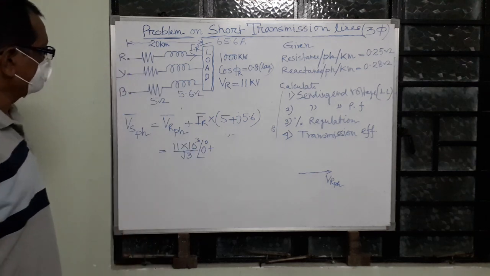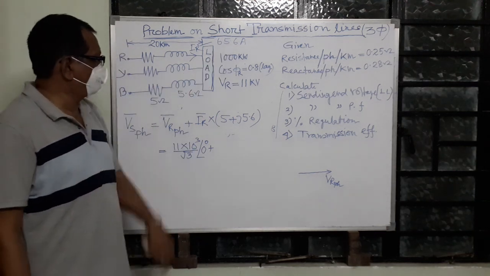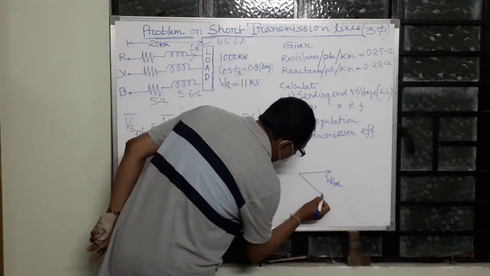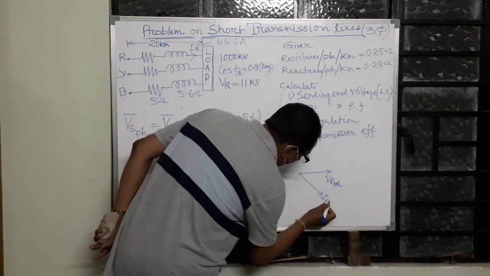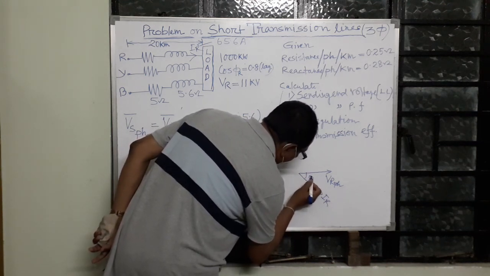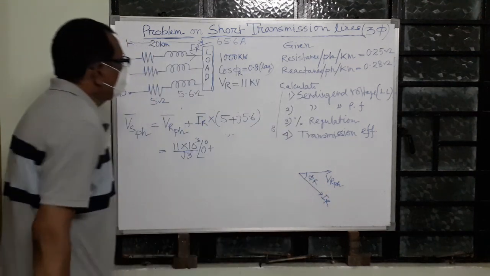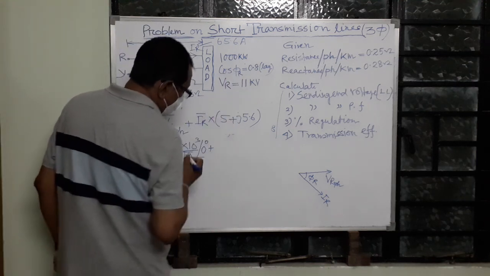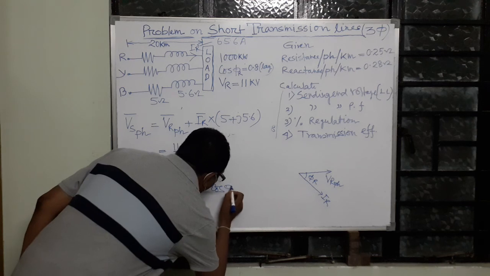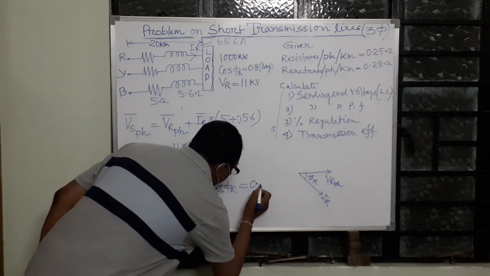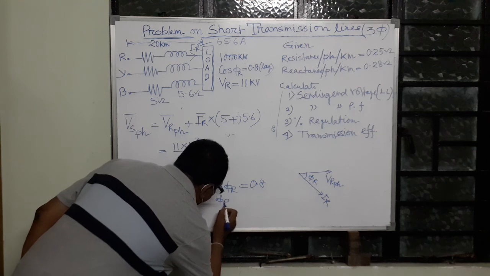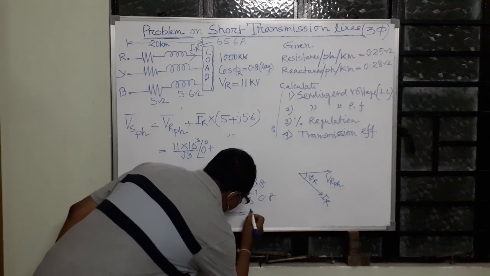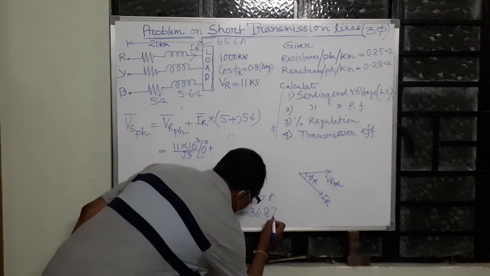And IR is 65.5 ampere, with angle phi R. How is phi R calculated? Given cos phi R is equal to 0.8, so phi R is equal to cos inverse 0.8, that is 36.87.